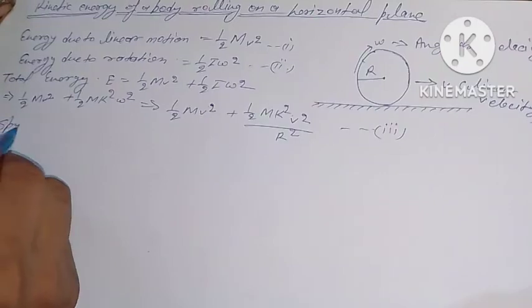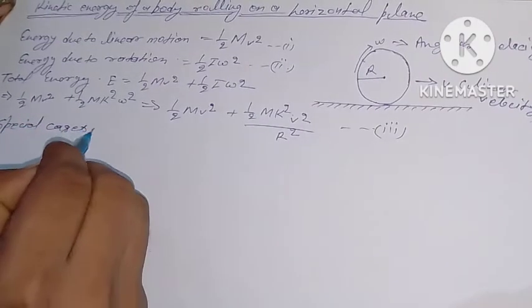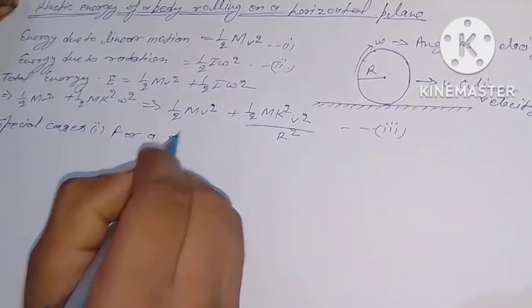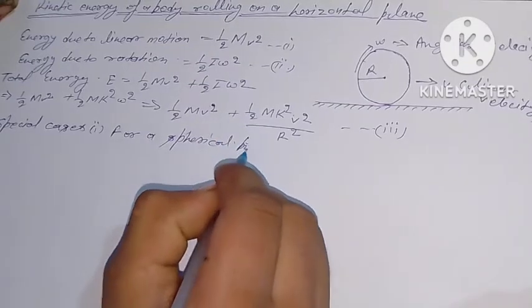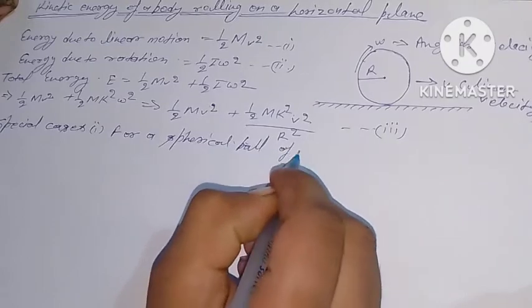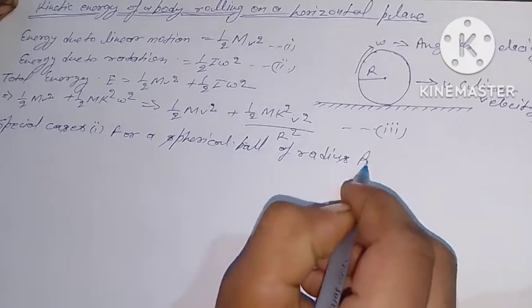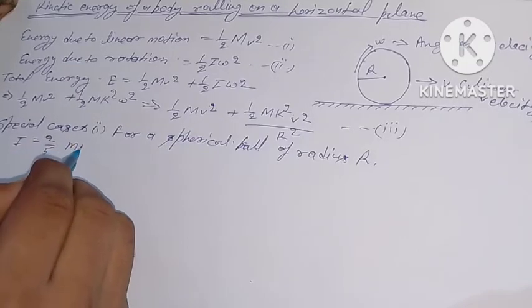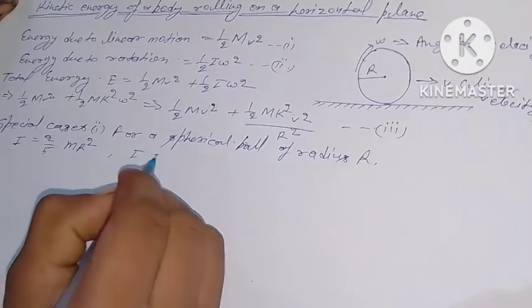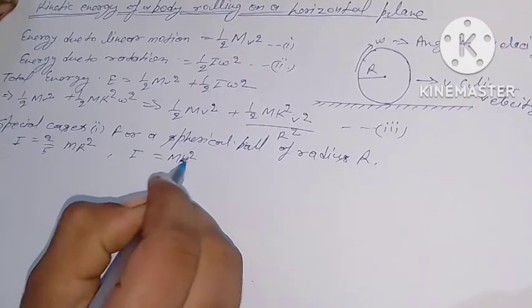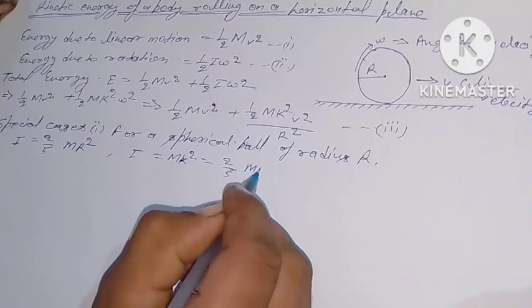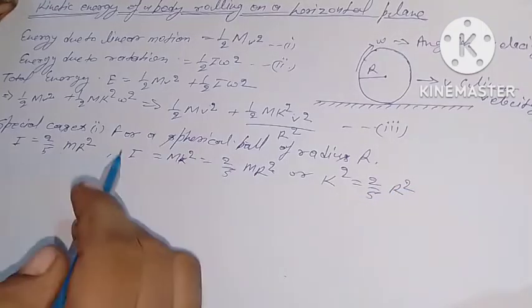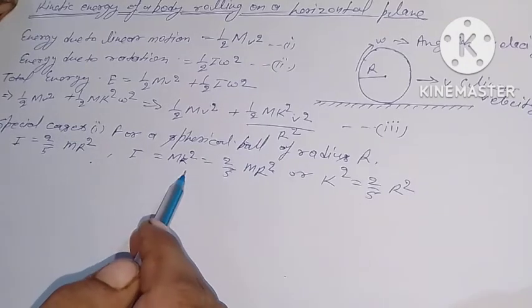First, special cases. First, for a spherical ball of radius capital R, I equal to 2/5 mr square and I equal to mk square.